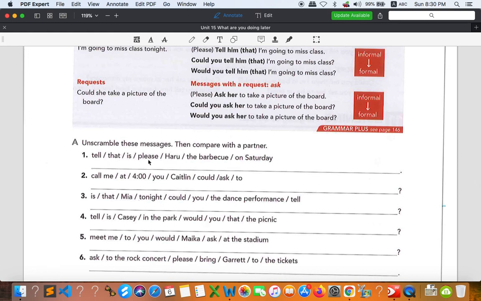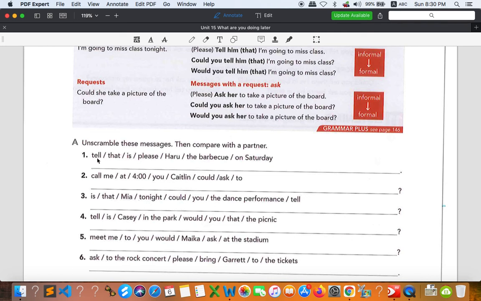So we have please right here, so you can say "please tell someone," Haru, and then "that" actually is optional, so you can keep it. When you say "please tell Haru," we use it with a statement, right?